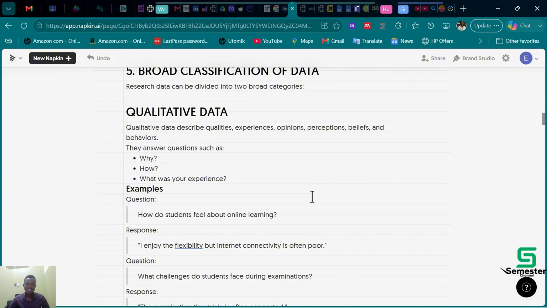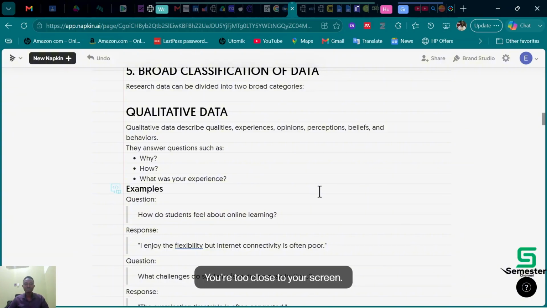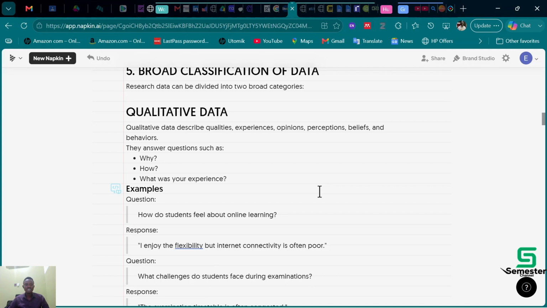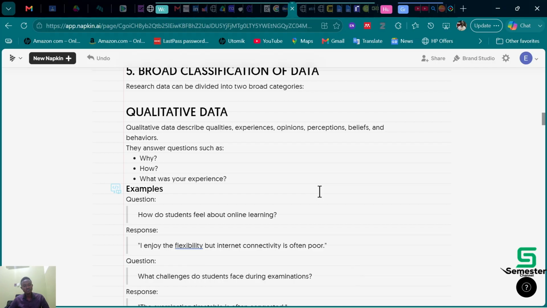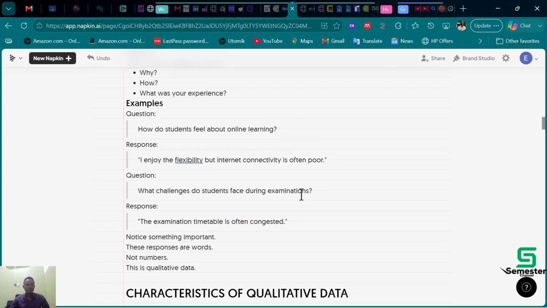Okay, so qualitative data describes the experiences, the qualities, the opinions, the beliefs, and behaviors of participants. Now, they answer questions such as why, how, what was your experience, okay? And so we look at some examples. A question will be, how do students feel about online learning?